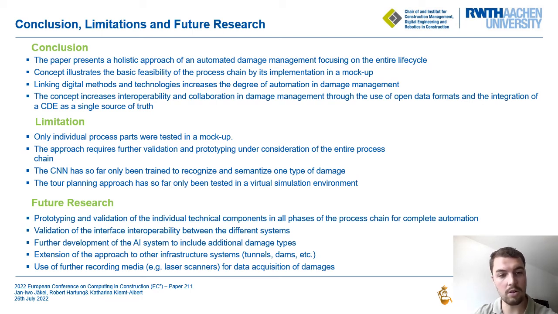Also, the convolutional neural network has so far only been trained to recognize and semanticize one type of damage, in this case the hole. We need to develop it to recognize more different damages like cracks, etc. And the tour planning approach has only been tested in a virtual simulation environment, so we also need to validate our ideas of the tour planning approach.